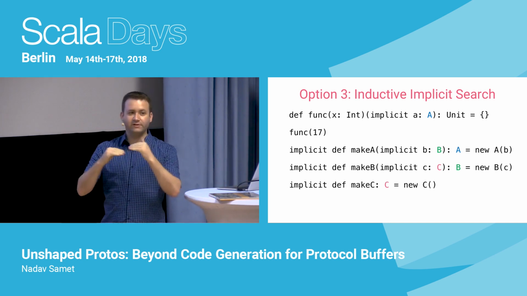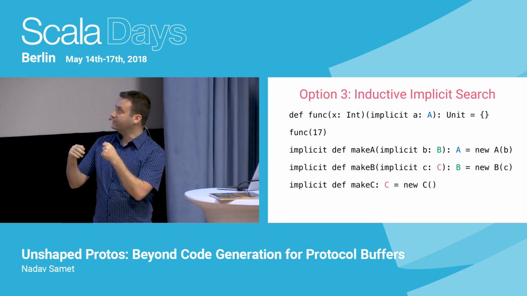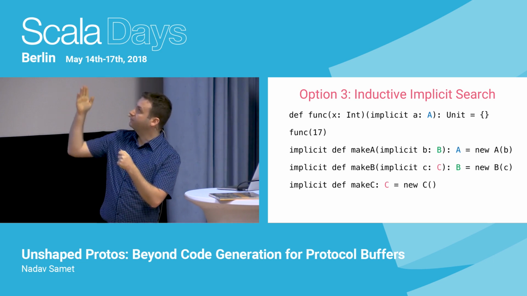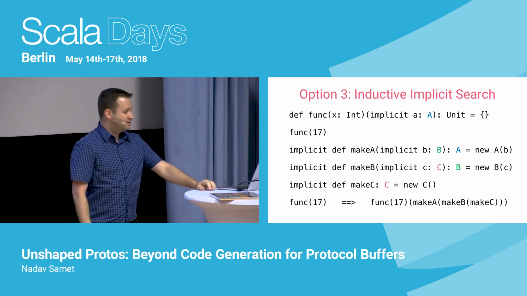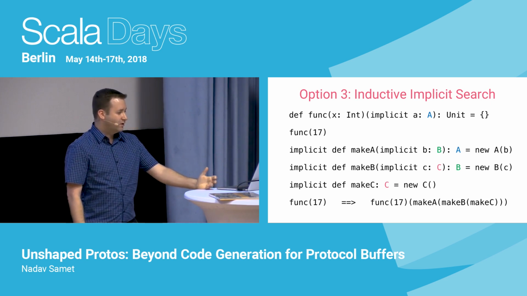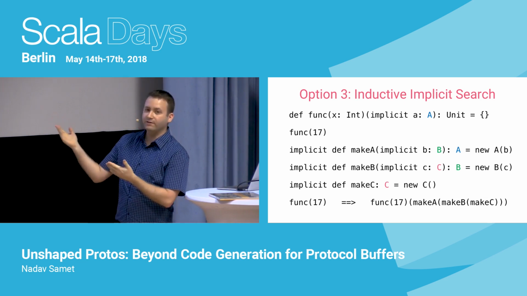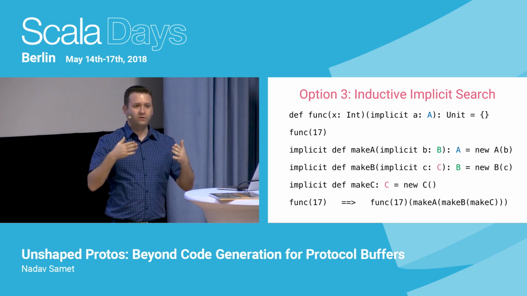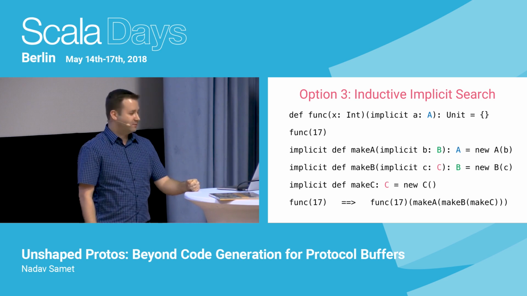So the search stops and is successful at that point. We have a C that we can use to build a B, to create an A, and call that function. So what happens at compile time is that the compiler creates code that creates the implicit like that. We got the compiler to solve a search problem, and we're going to manipulate this behavior to get it to build a type class for us.